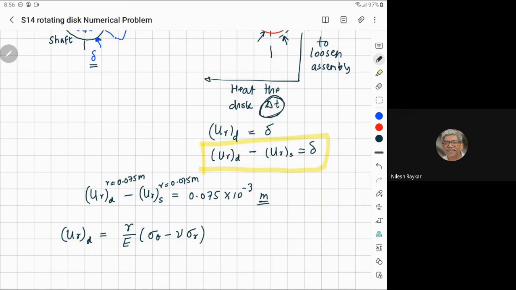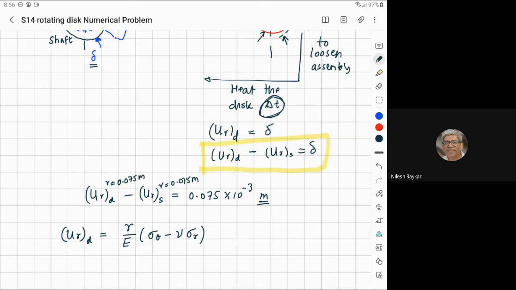Now again, note that we are considering a situation where the disk is just about to separate from the shaft. So when they are shrink fitted, there is some contact pressure which exists between these two surfaces, and that will act as a radial stress at that particular interference. So when we have the shrink fitted assembly, the radial stress does exist at this particular location.